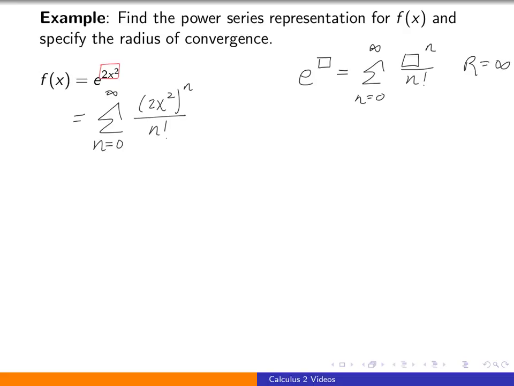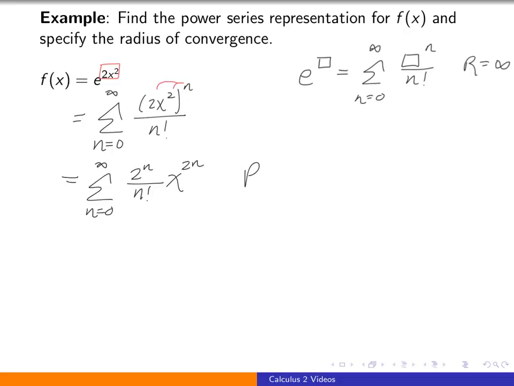And then algebraically, we should get this down in terms of a typical form of a power series. That is, we need to do this algebraic manipulation, take the nth power and hit the x squared, and hit the 2 with it. That would be the sum from n equals 0 to infinity of 2 to the n over n factorial, x to the 2n.